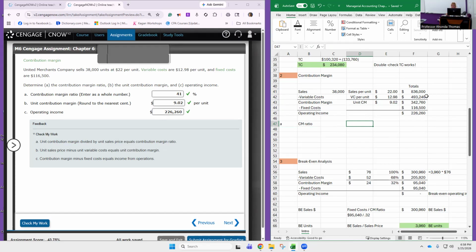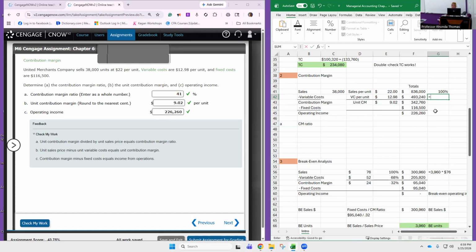When you're looking at sales, you can also find out what percentage it is, and you'll want to get used to doing this. Your sales is going to be your 100%. You can either do it by its sales price or the total. If I do sales divided by sales, then I get 100%.